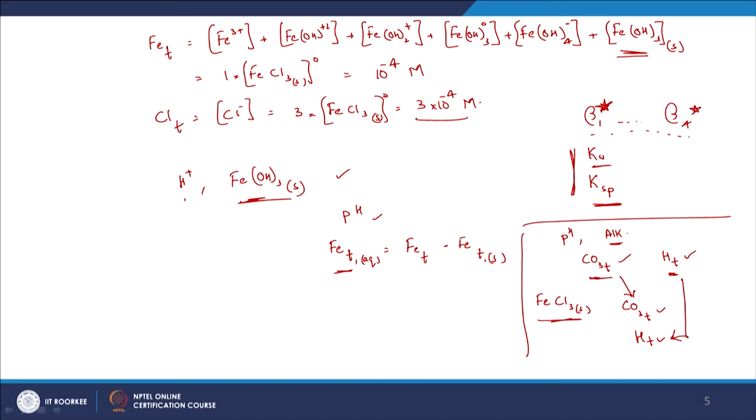But now we also have Fe total and Cl total from the FeCl3 as 10 power minus 4 addition, and then we solve for the relevant variables and get the total iron concentration which has precipitated out, and also the pH, and then calculate the relevant variables from that.